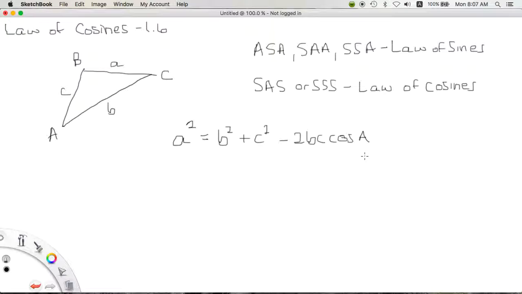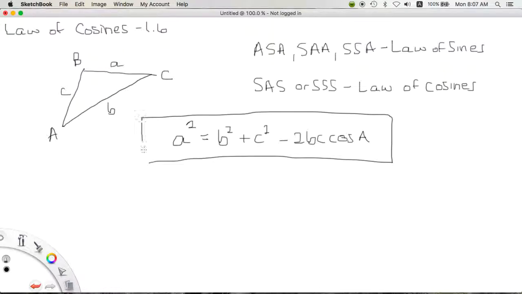And again, as always, make sure if you're using degrees, your calculator's in degree mode, and if you're using radians, your calculator is in radian mode. So there's our formula. You need to know that in a general way, where you can apply it no matter which sides and angles you're given.